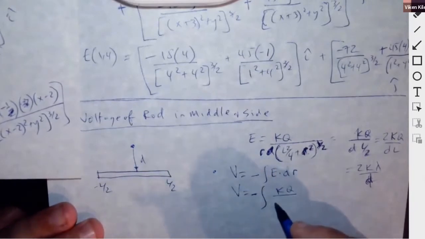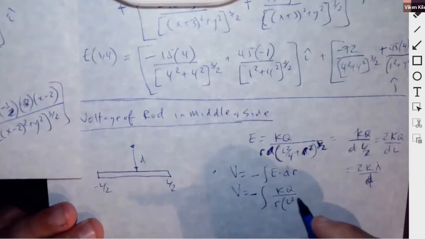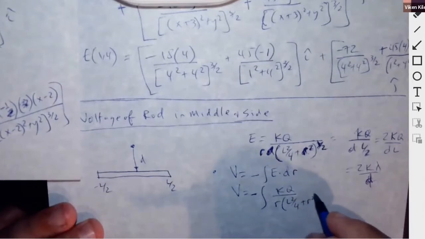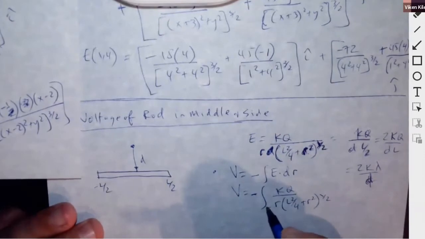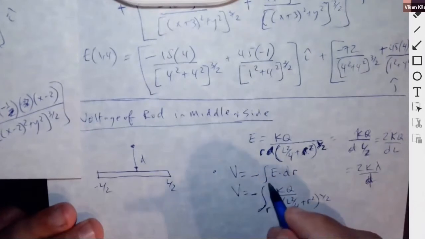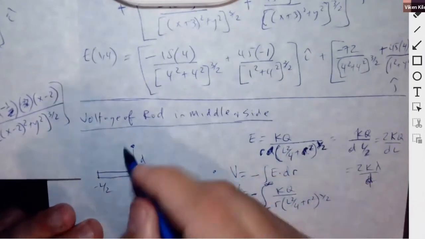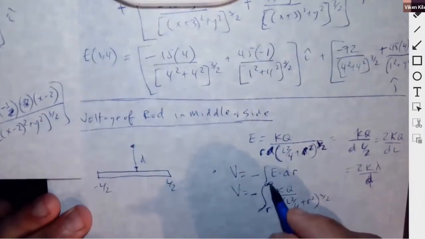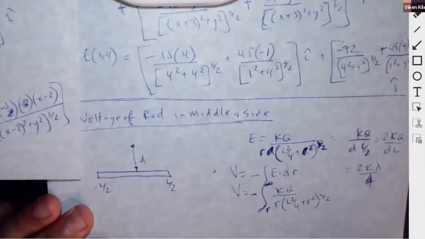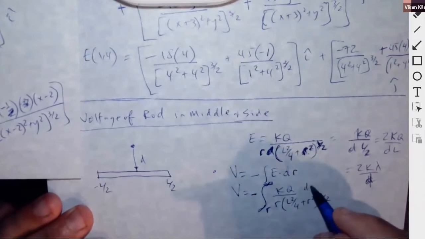kQ over integral R, L squared over 4 plus R squared to the half, from R to infinity. So basically I would say from some R to infinity, that gives me the voltage.